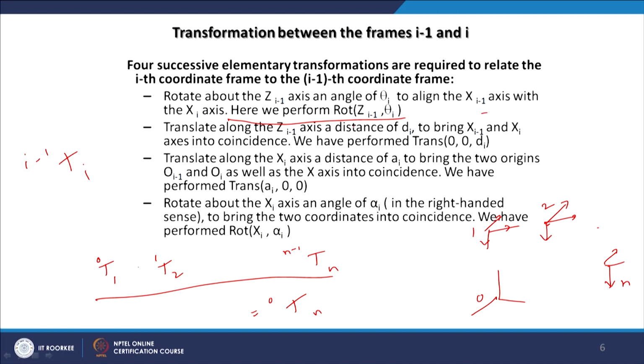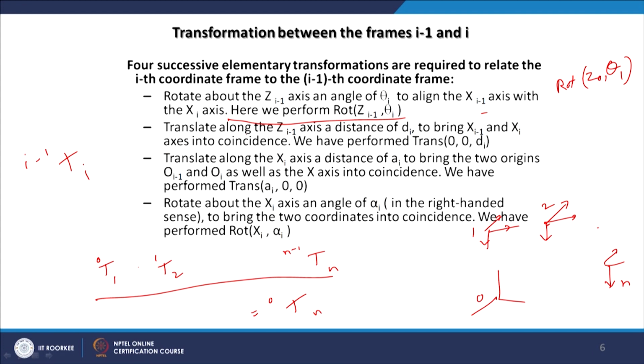Similarly, if we perform a rotation about z1 by an angle theta 2, then the x1 axis will become parallel to the x2 axis, etc. First, we concentrate on the 0th frame and the first frame. If we make a rotation about z0 by an angle theta 1, the x0 will become parallel to x1.